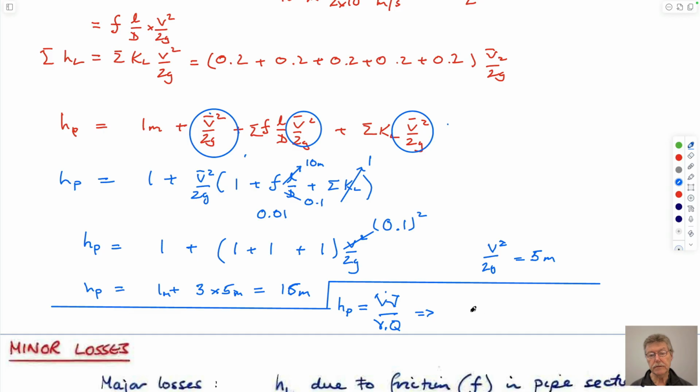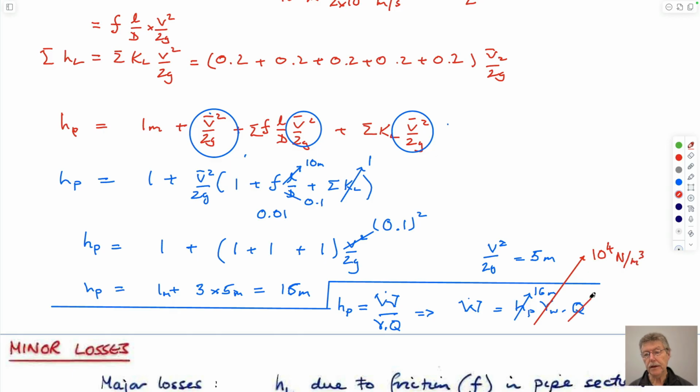So that gets rearranged to be the power being equal to the pump head, which we have in length, the unit weight of the fluid times the volumetric flow rate. This is equal to 16 meters. We know that the unit weight of water is equal to 1,000 kilograms times 10 meters per second squared, so it's 10 to the 4 newtons per meter cubed.